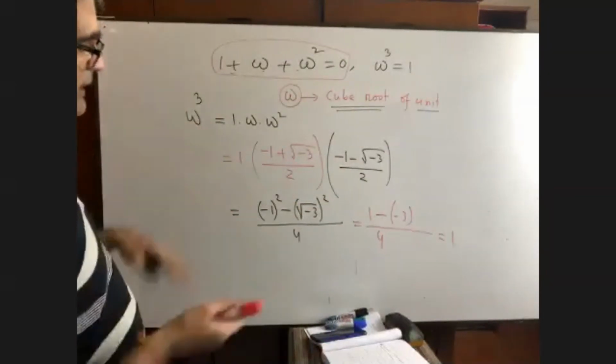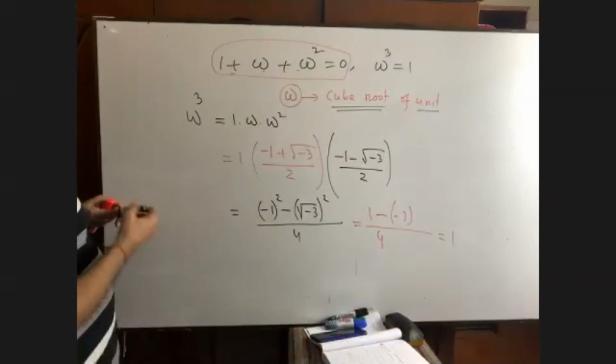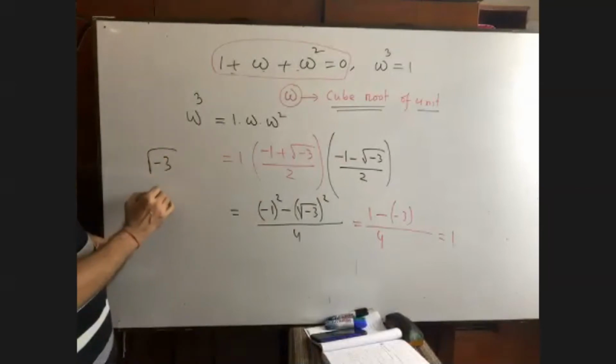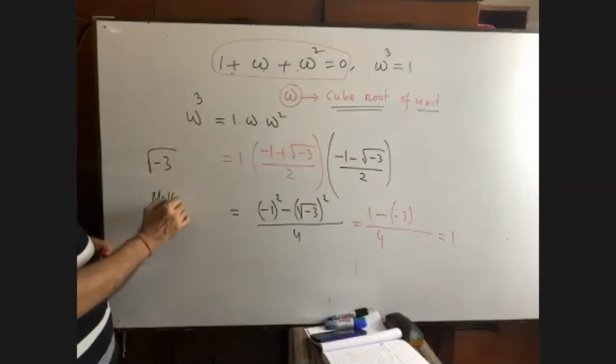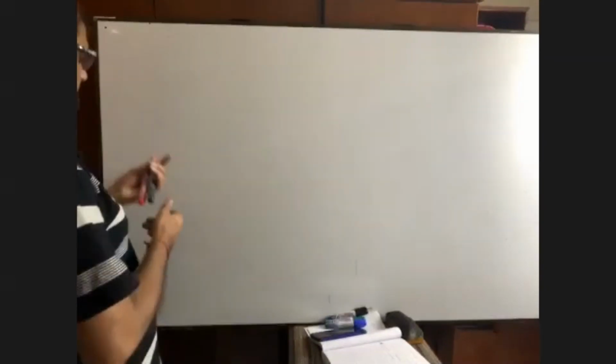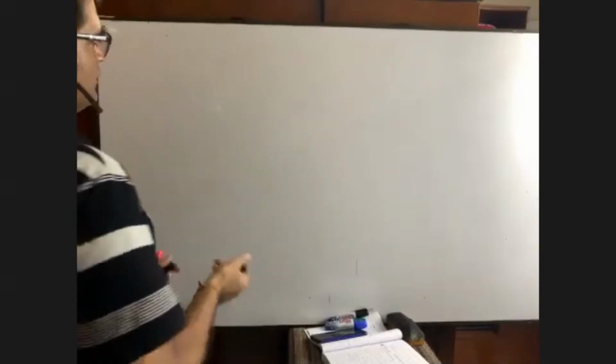But the interesting fact is that, can you please find out the value in the calculator? Root over -3. I think you have got it right. Sir, what is omega and what is omega square? That's good.